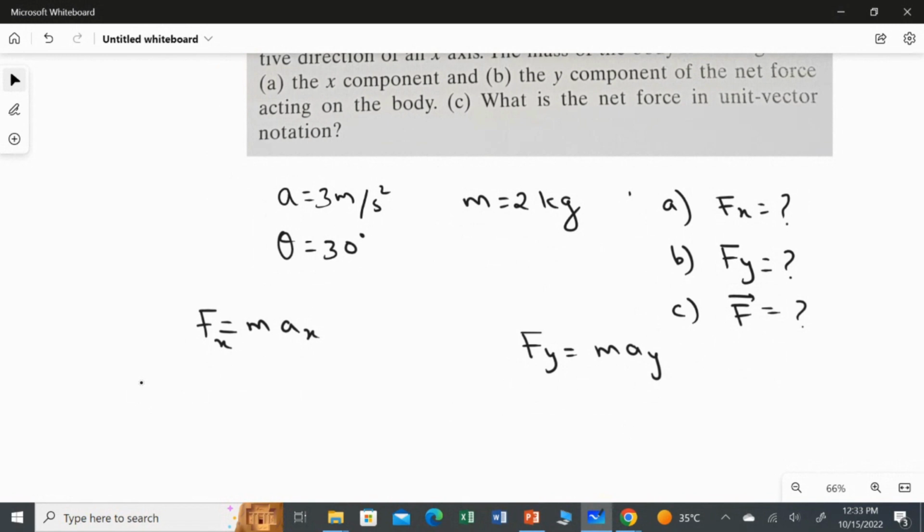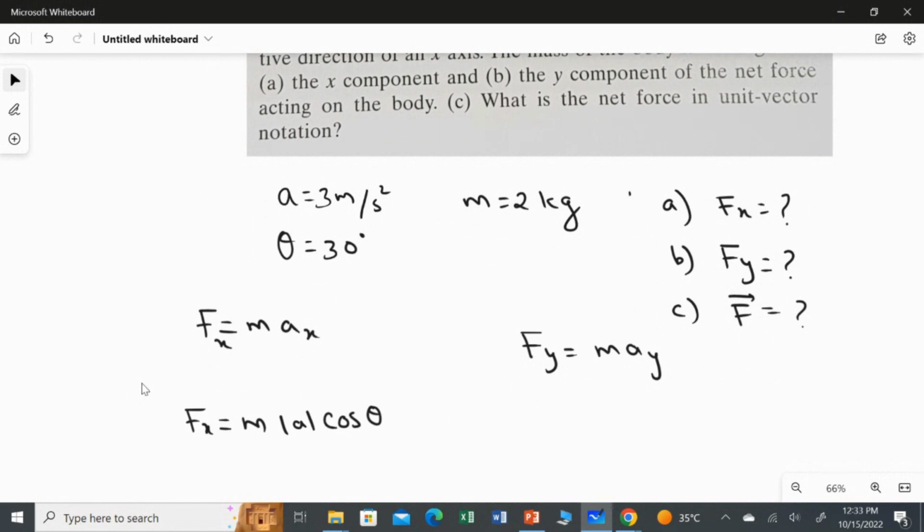Now I am going to apply the rule. We already studied this, a of x, from chapter 3 on vectors. So Fx is equal to mass multiplied by the x component of the acceleration. The magnitude of the acceleration multiplied by cosine theta gives the x component.